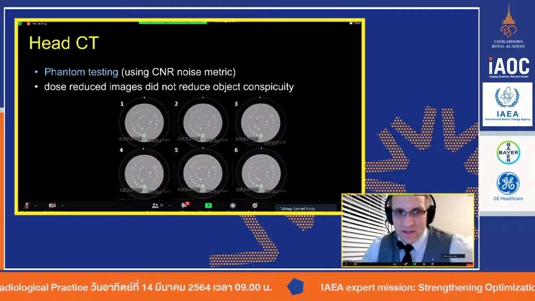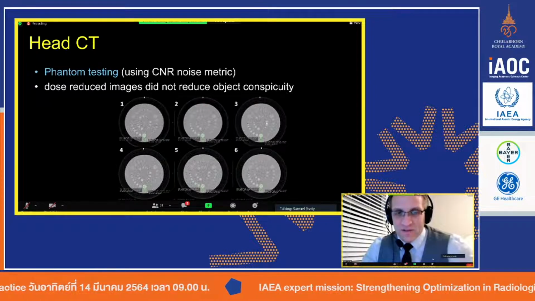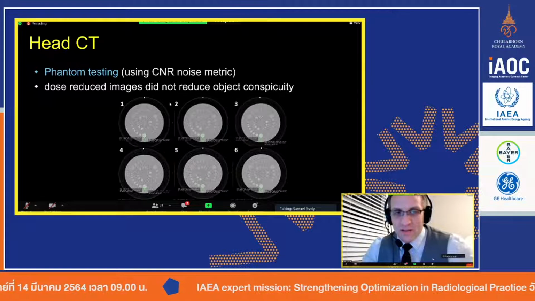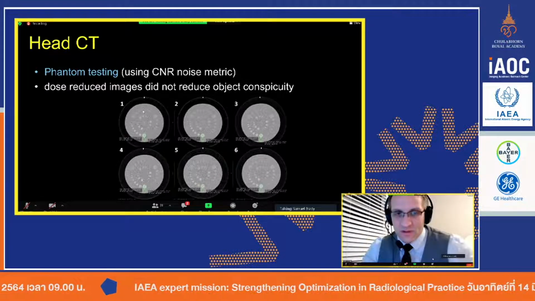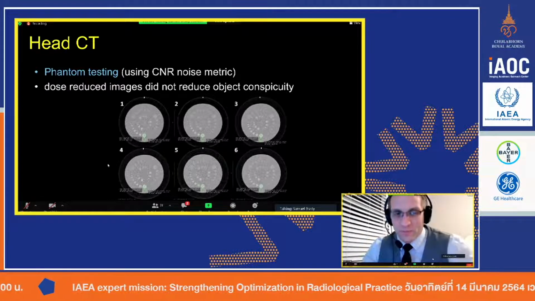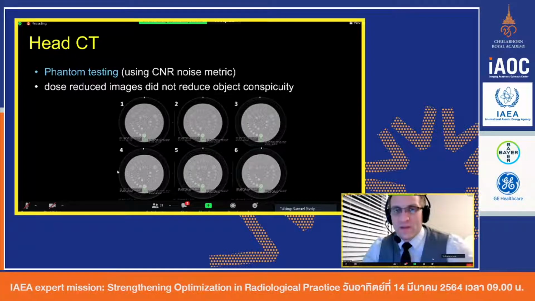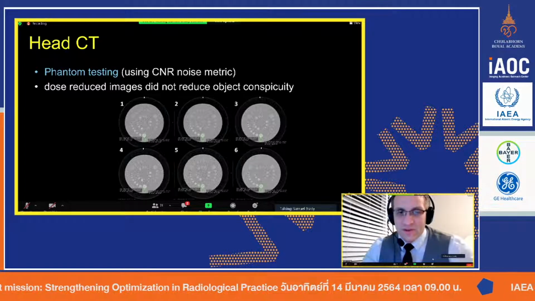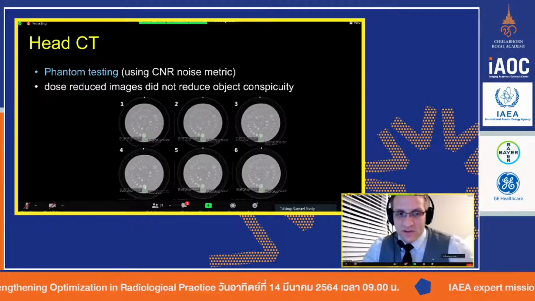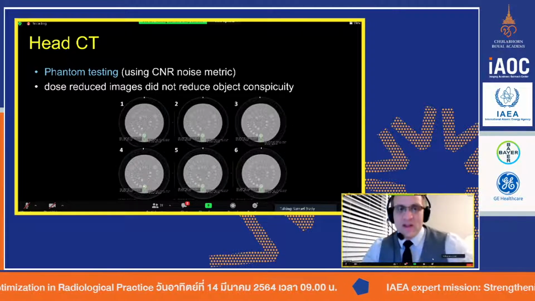And as they imaged it at different dose values, they compared the conventional to what they proposed as a dose reduction. And here you can see where they placed their little green ROIs.